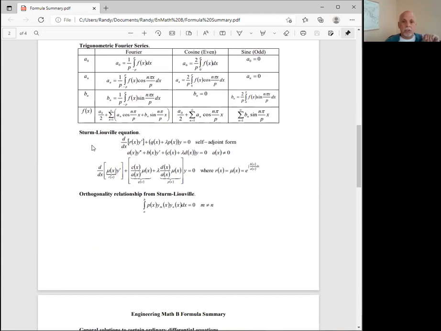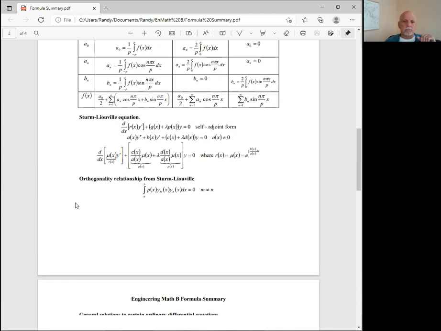This is the Sturm-Liouville. Well, here's the equation. Here's another form of it, and how to get from the second form to the self-adjoint form so you can find the weighting function. And when you have the weighting function, you can do the orthogonality relationship, which helps you do an orthogonal expansion.